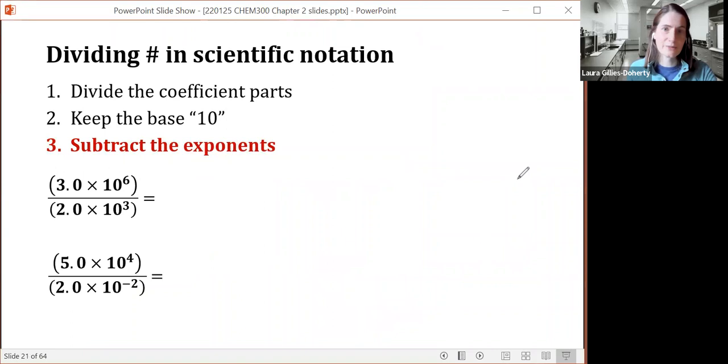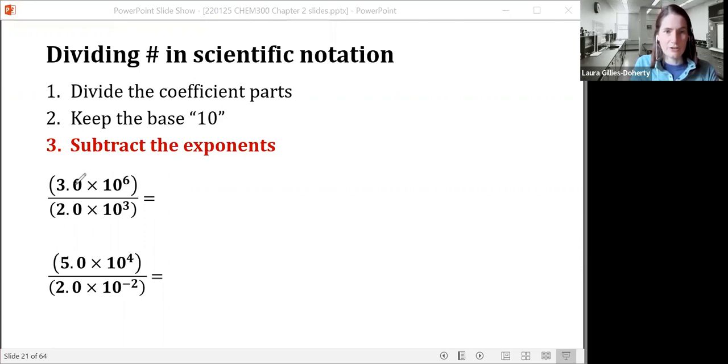Okay, so when you divide numbers in scientific notation, you're going to divide the coefficient parts just like in regular math. You keep the base 10, and then you subtract the exponents. So here we have 3.0 times 10 to the 6 divided by 2.0 times 10 to the 3rd.